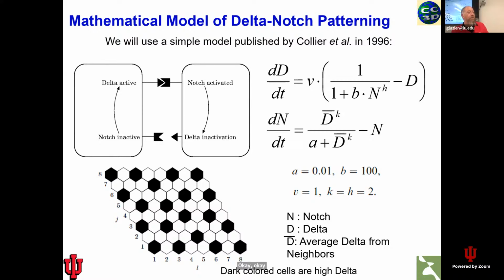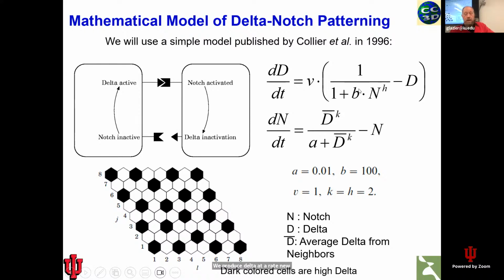Okay, thanks. So what we want to know is how much delta do we have in our cell? The amount of delta that we produce is a constant divided by the amount of notch. So if we have no notch, we produce delta at a rate nu.